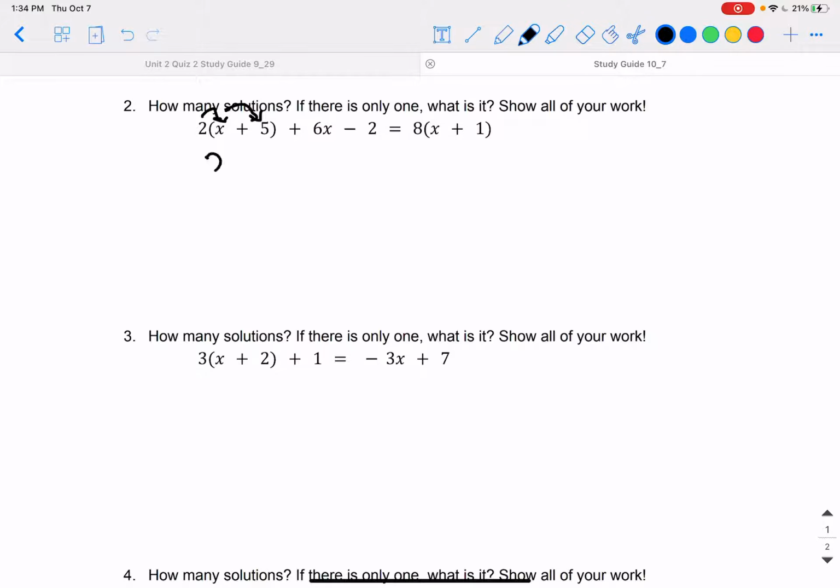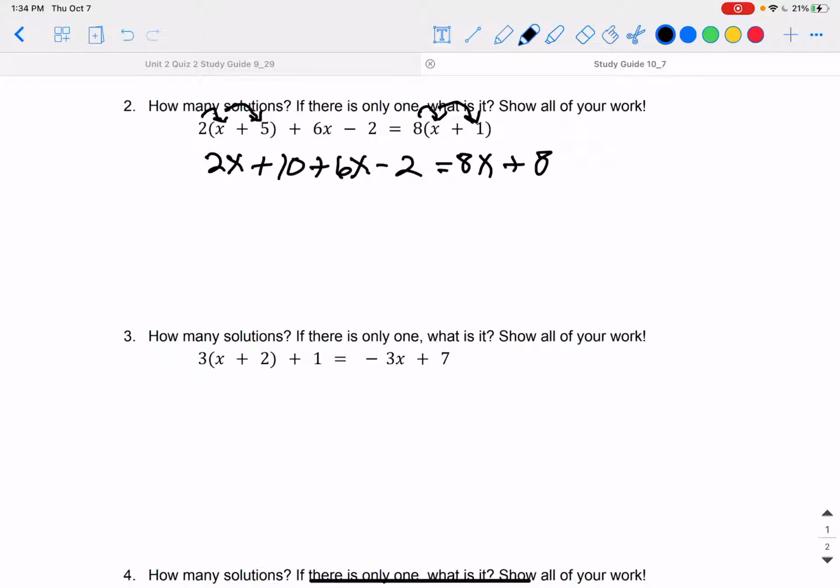So 2x plus 2 times 5, which is 10, plus 6x minus 2. And then over here, I am also going to distribute this 8. So that's 8x plus 8 times 1, which is 8.